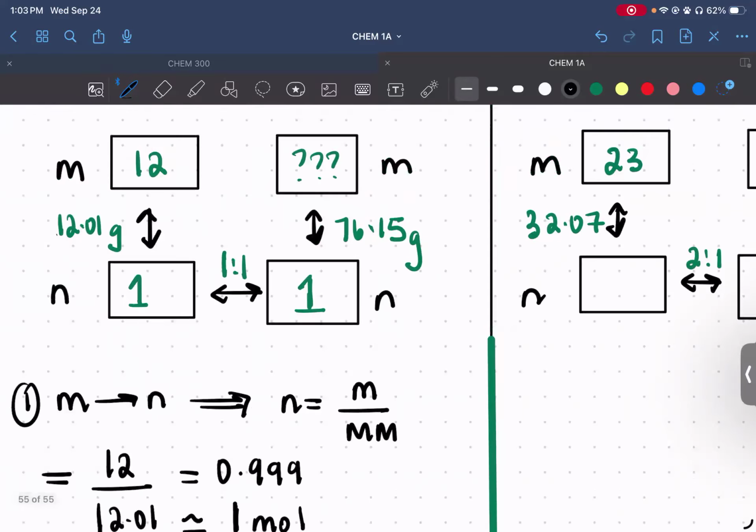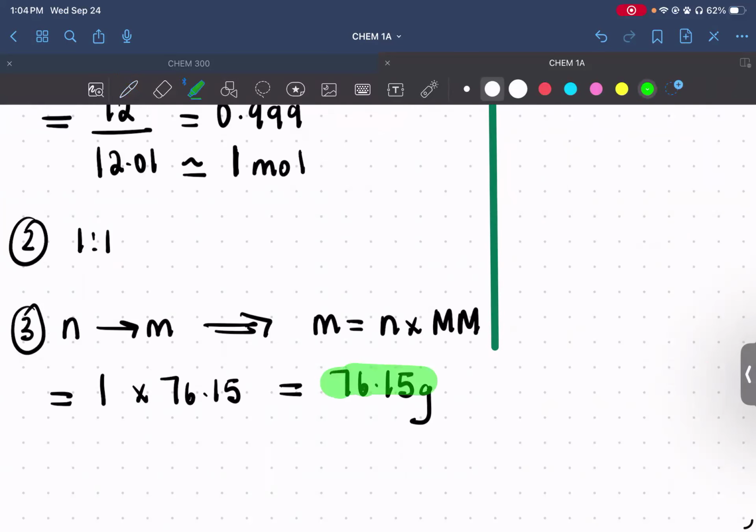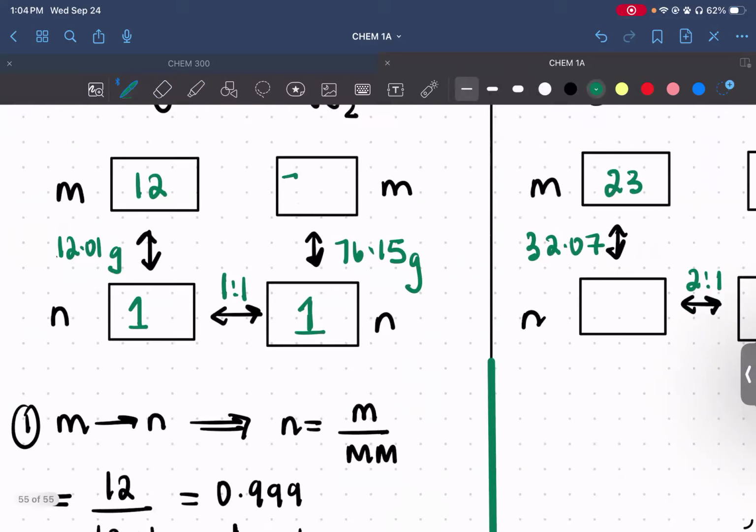And we know the molar mass is 76.15. Any number times 1 is itself. That's how we know that the theoretical yield of CS2, according to carbon, is 76.15 grams.